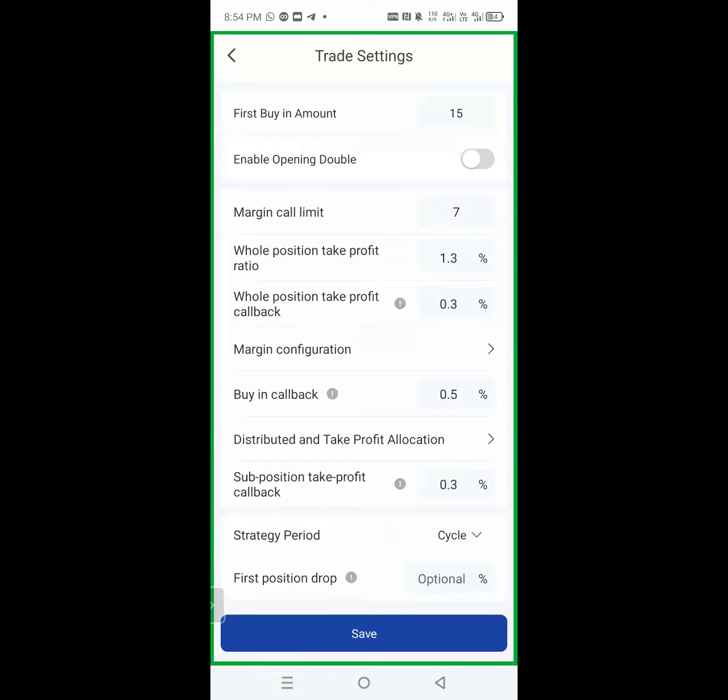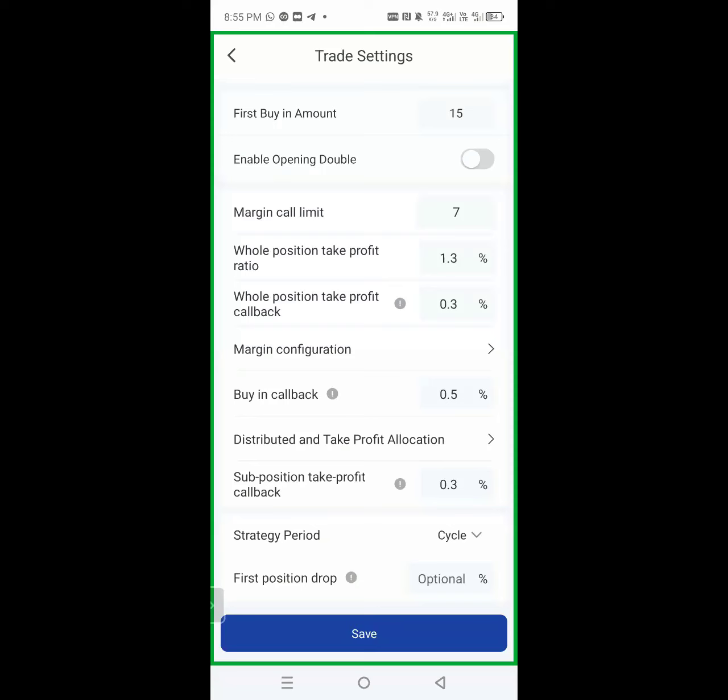Before I enter there, let me just talk about the buy-in callback. Buy-in callback is just the same thing as the take profit callback. Buying callback is when the robot wants to buy. It must make sure that the coin has reached the best price. The coin is not dropping any further, it's not going deep, before the robot will buy.